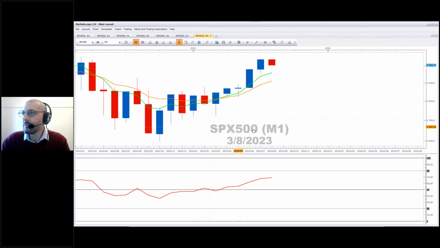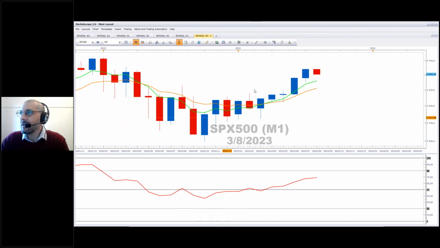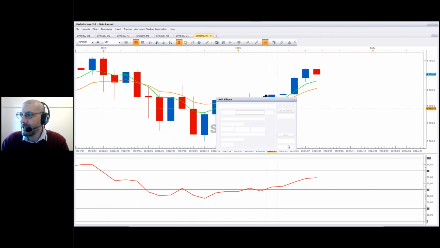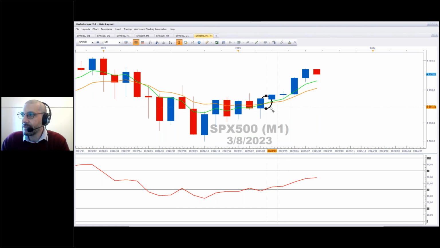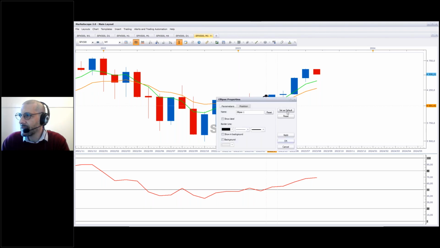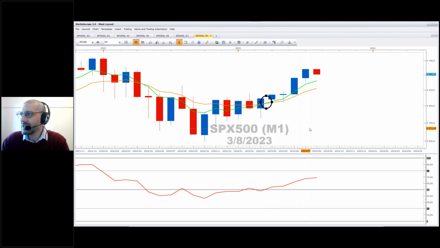All right. So the S&P 500, just take a look at the crossover here. Here's the golden cross. I just want to fix up my ellipse. It keeps going into the background, so I want to untick that and set as default. Okay, much better.